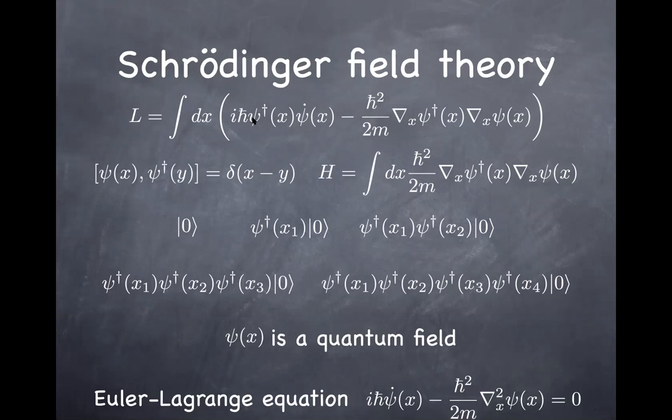So the Euler-Lagrange equation is obtained either by taking variation with respect to psi or by variation with respect to psi dagger, and they end up being the same equation upon complex conjugation. Okay, does that answer your question? Yes, sure. Thank you.